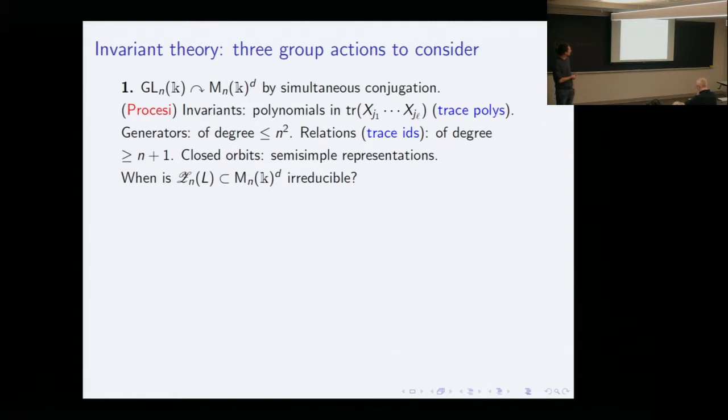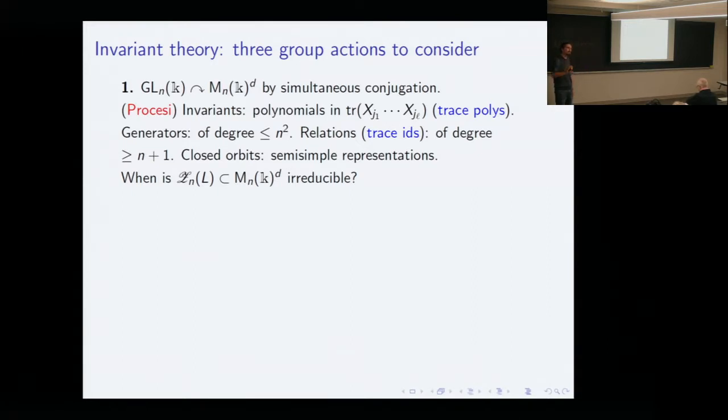We also know, if I take a point here and take its orbit under the GL action, and you ask whether this orbit is closed or not, it's known that it's closed if the point gives a semisimple algebra, so basically a direct sum of indecomposable ones.